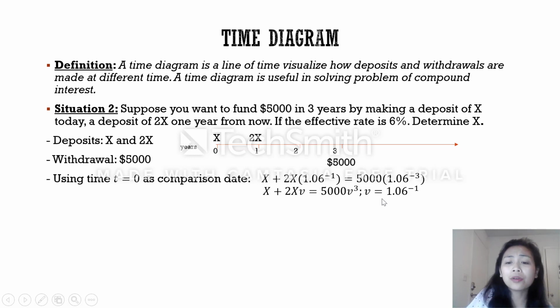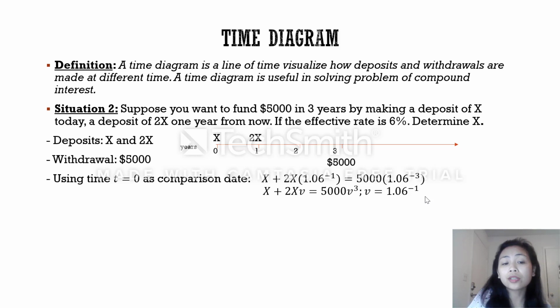For compound interest, 1 plus i is the accumulation function, so v is 1 over 1 plus i, or 1 plus i to the negative 1. Here i is 6%, so we have 1.06 to the negative 1. So that is how we use the initial time as the comparison day.